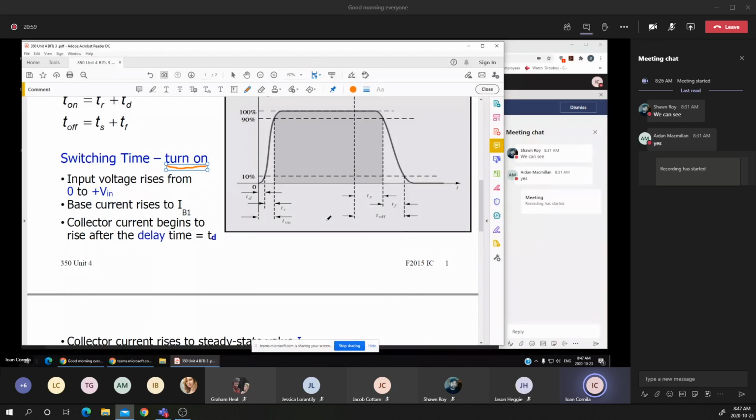Now we have two parameters that affect the rising time, or the turn-on time. The first, up to about 10%, is defined as the TD. That's the delay time, which is due to the capacitance and the response of the transistor.